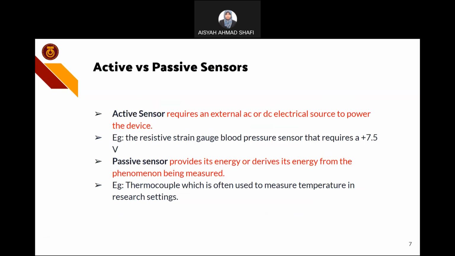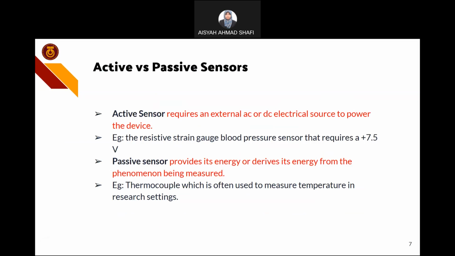So the active sensor is the sensor that requires an external source to power the device. For example, the resistive strain gauge blood pressure sensor requires 7.5 volts to measure the blood pressure.